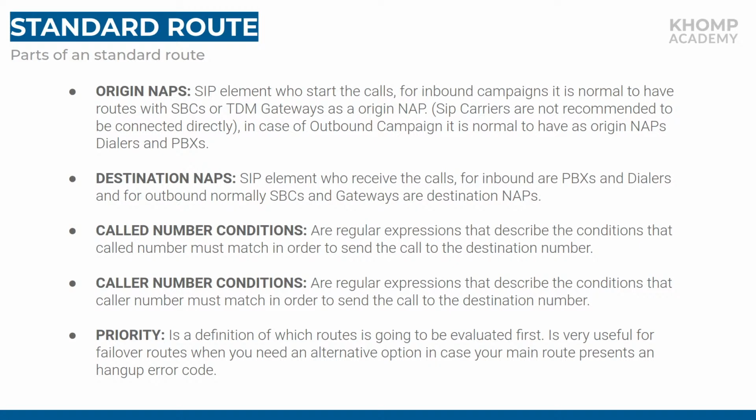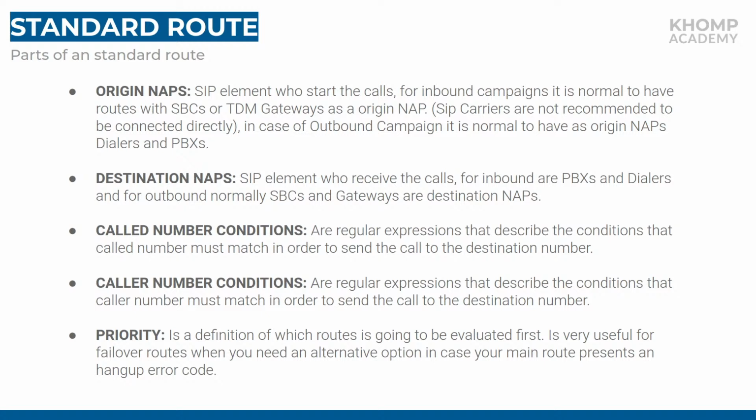It could be an SVC or a gateway. You have to analyze very well in order to create your route. The destination NAP is the same: you have to analyze which element is going to receive the call to send it somewhere else. So in outbound, destination NAPs are SVCs, and in inbound, destination NAPs normally are VoIP engines.